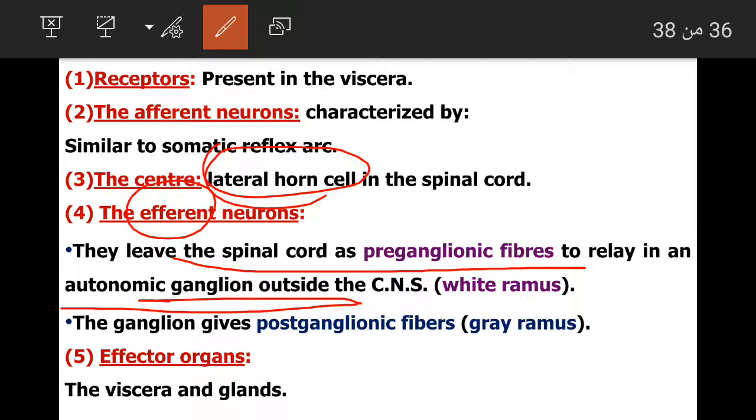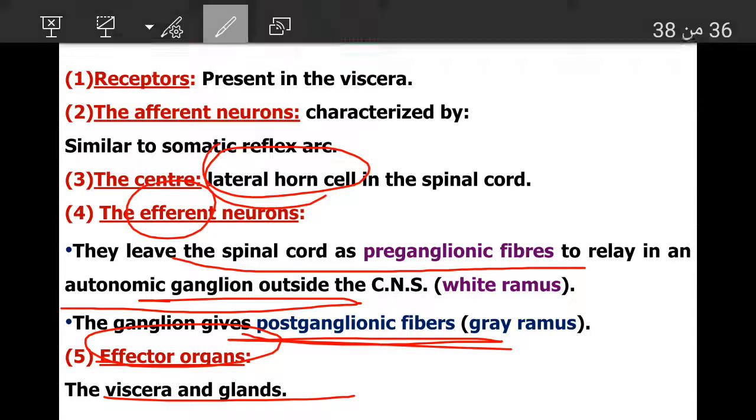Then from the ganglia it gives the postganglionic fiber. The preganglionic fiber is called the white ramus because it is myelinated, covered by a myelin sheath that has a white color, while the postganglionic fiber is called the gray ramus because it is unmyelinated, so it has a gray color. The effector organ here includes the viscera or the glands.